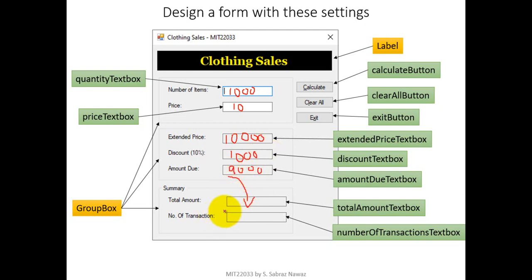And the number of transactions, since it is the first entry, will become 1. And after that, this display will be erased, and this is also going to be erased.